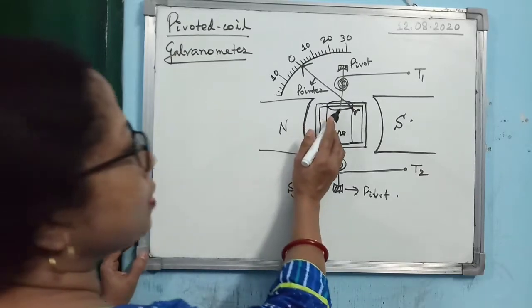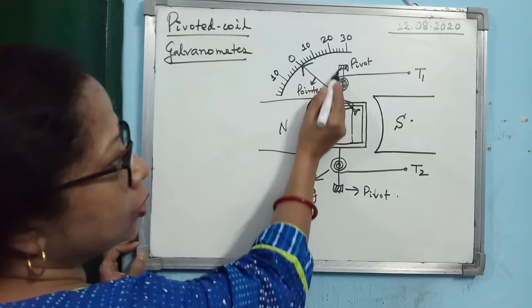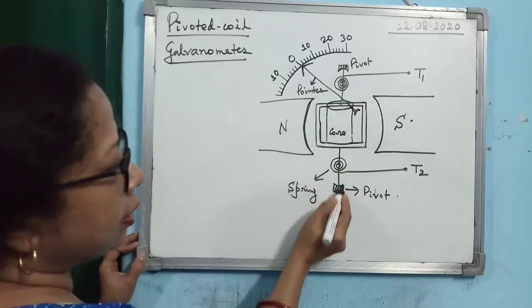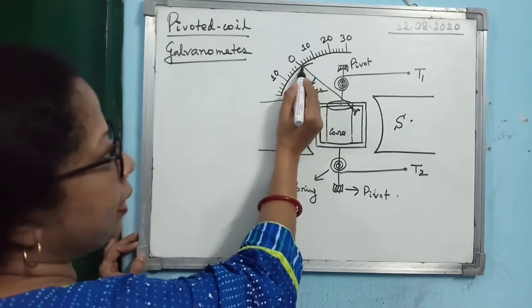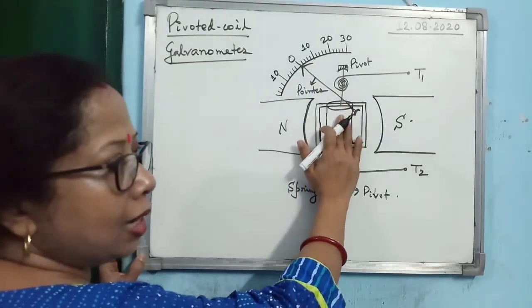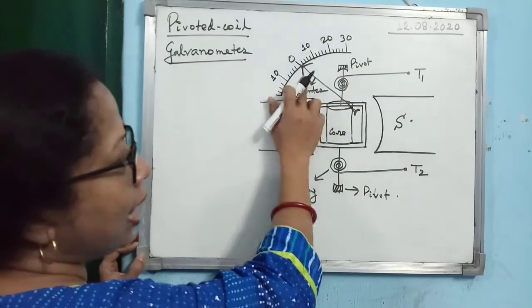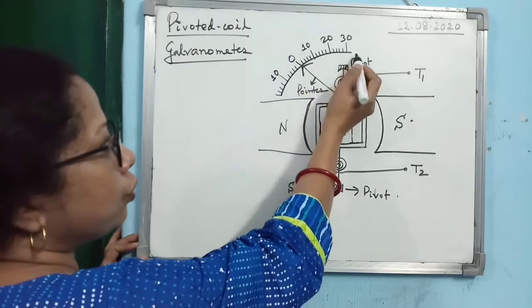And in this case, the pointer is connected to the pivoted terminal, so that when the coil rotates, the pointer will also rotate by the same angle, and the pointer can move on the scale.